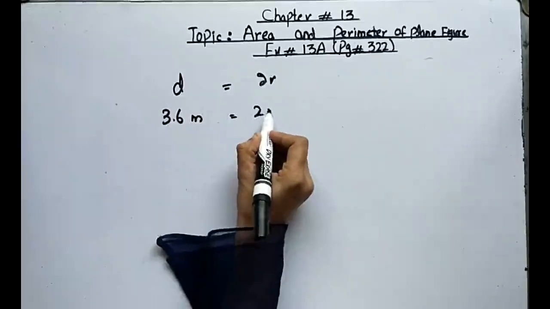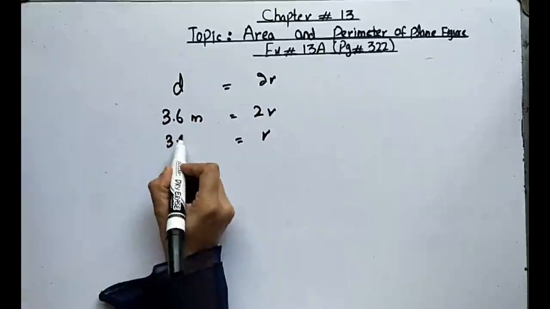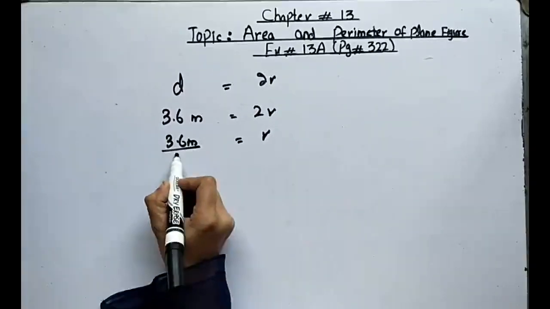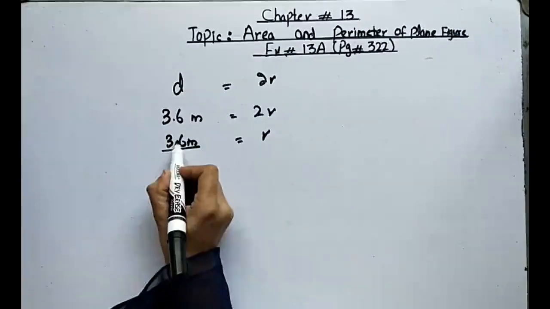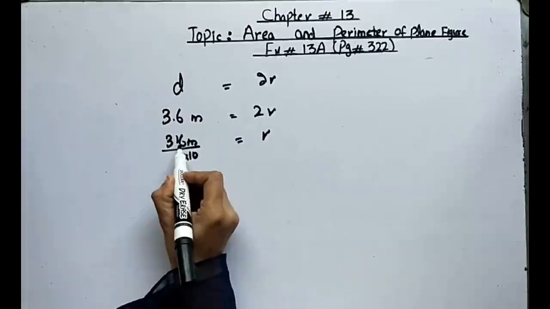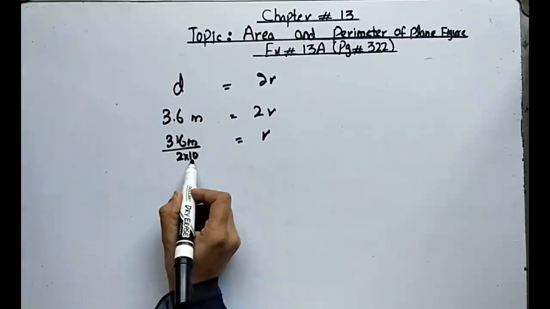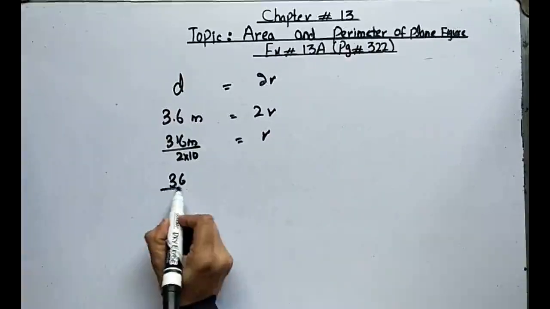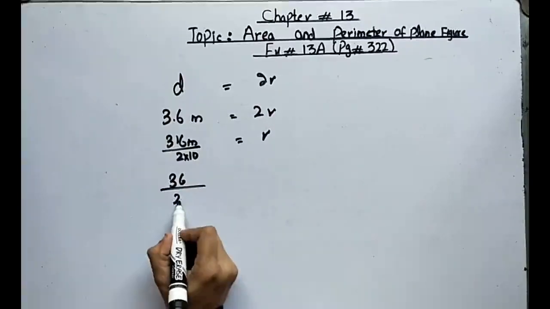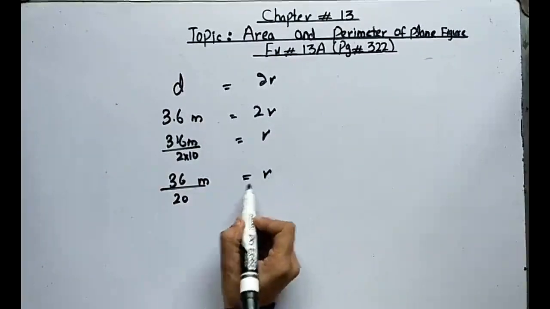So leave the r here, 3.6 meter divided by 2. Remove the point, write down 36 and then after the decimal point there is just one digit, it means we will write 10. So we will write here 36 divided by 10, multiplied by 1/2 meter is equal to r.